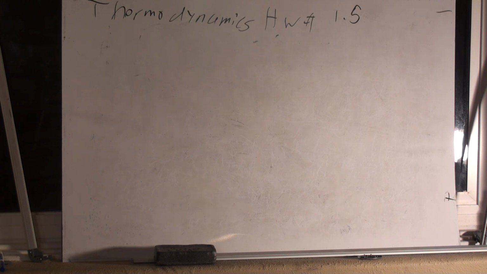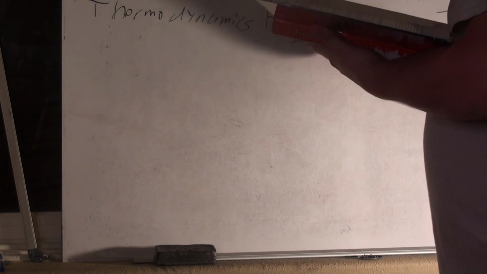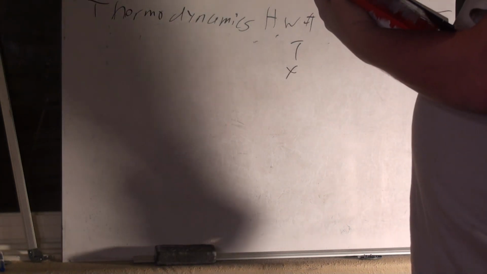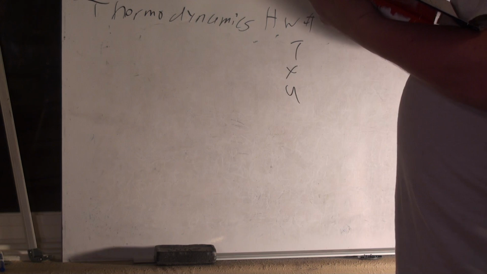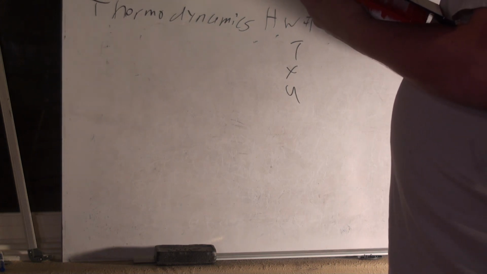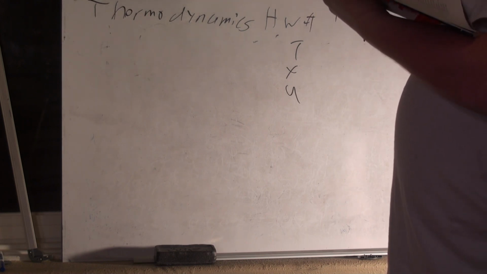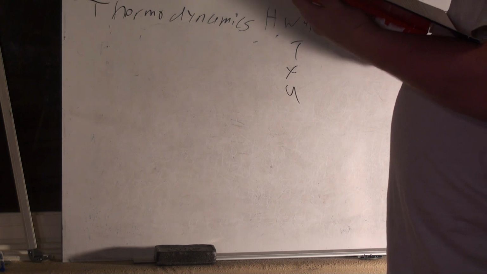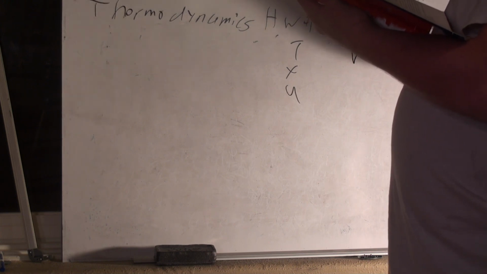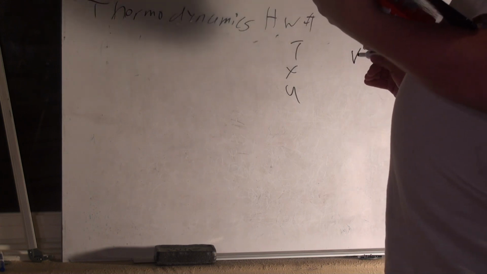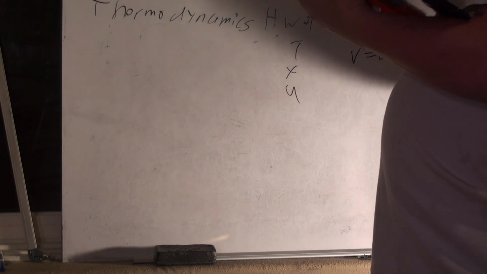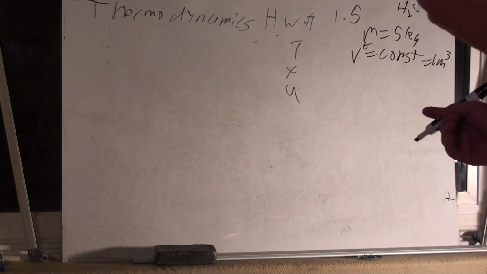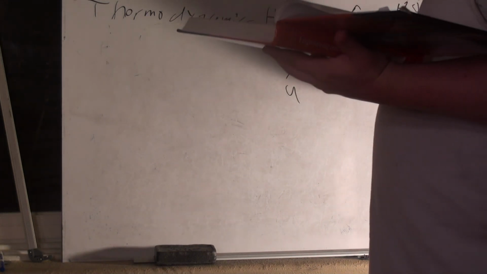It says, determine the temperature, the quality, the internal energy of 5 kilograms of water in a rigid container of volume 1 meter cubed at a pressure of 2 bar.